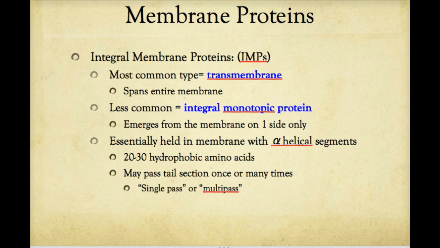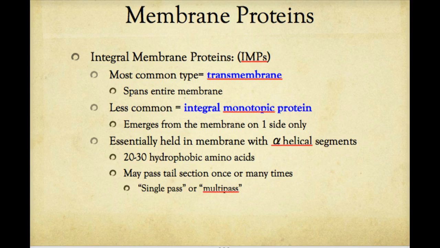Now, integral membrane proteins of either the transmembrane type or the less common integral monotopic type are usually held in place, and I mean that relatively speaking. They're usually kept within the membrane because they have alpha helical segments in them that are hydrophobic.